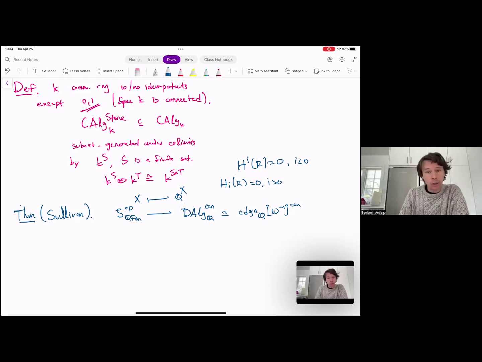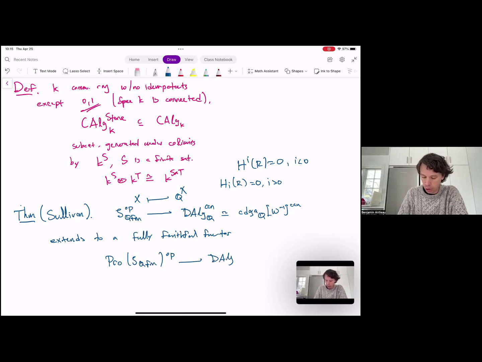So this is a functor, and the claim is that it extends to a fully faithful functor from the category of pro-Q-finite spaces up into the same target category, DAlg_Q coconnective.